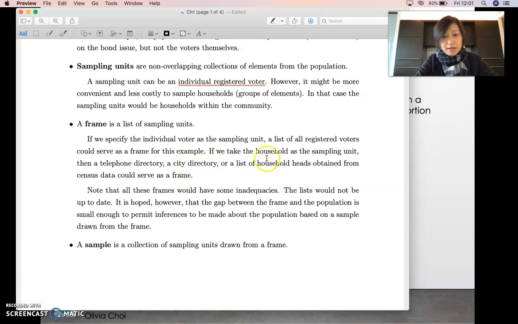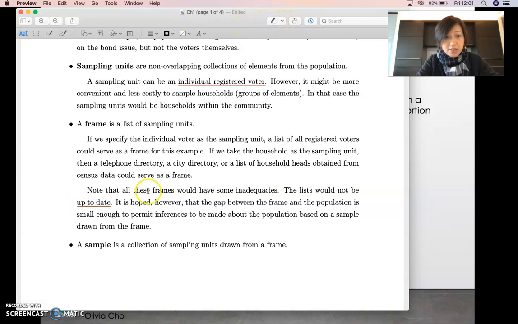Usually we can obtain the list of households from the telephone directory, city directory, or from the administrative office for the census data. But make sure that if we're referring to a frame that consists of the list of households, the frame has to be up to date.